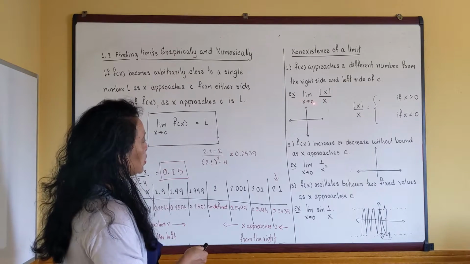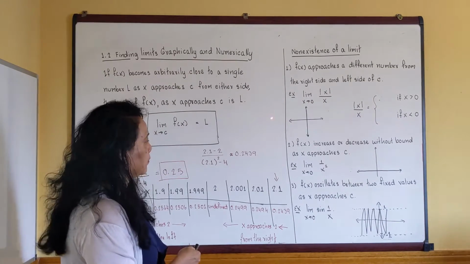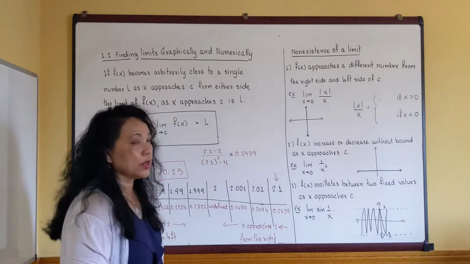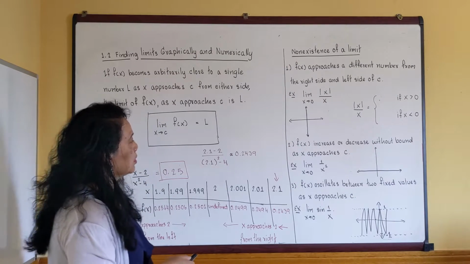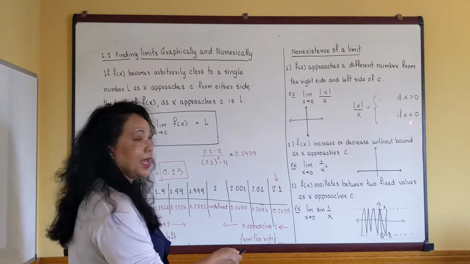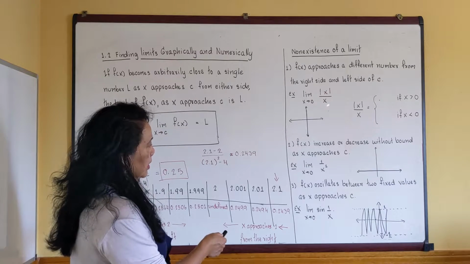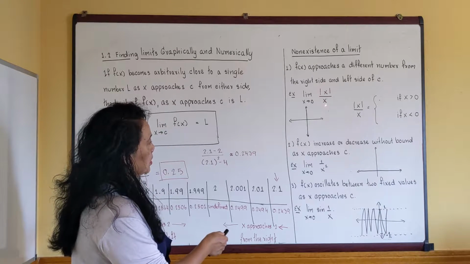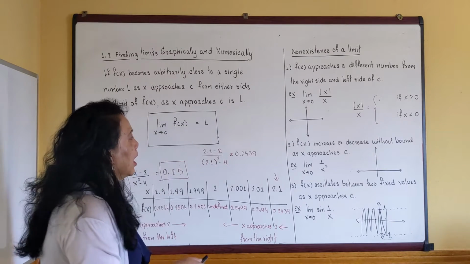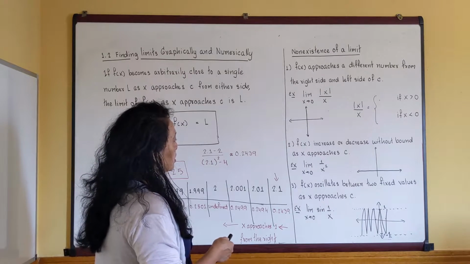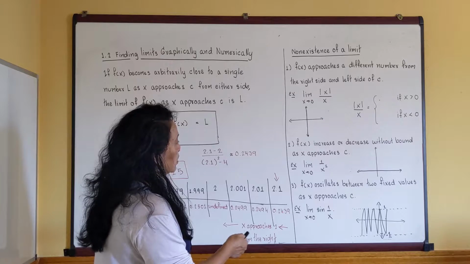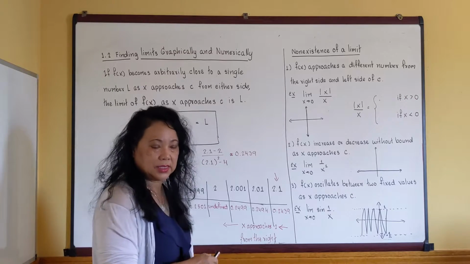My x approaches 0 from the left and from the right. If x approaches 0 from the left, it means x is less than 0. Again, it cannot be 0. If it's equal to 0, my function is undefined. If x approaches 0 from the right, that means x is greater than 0.